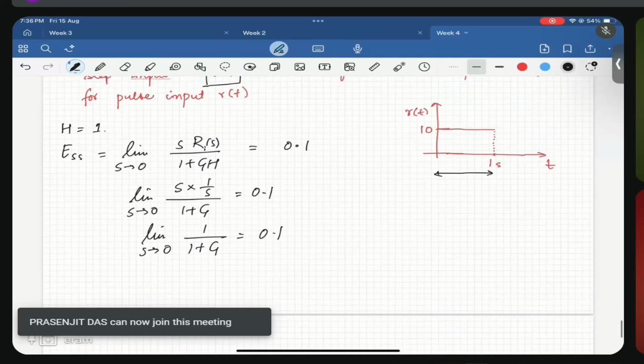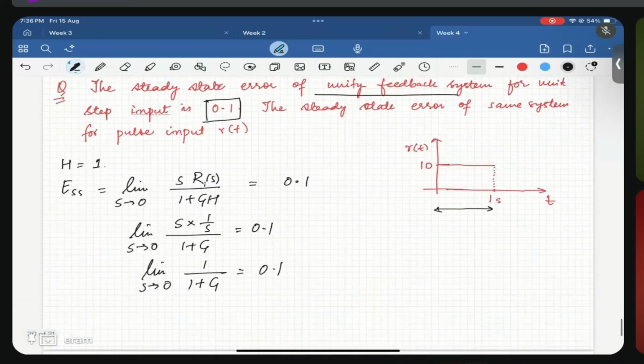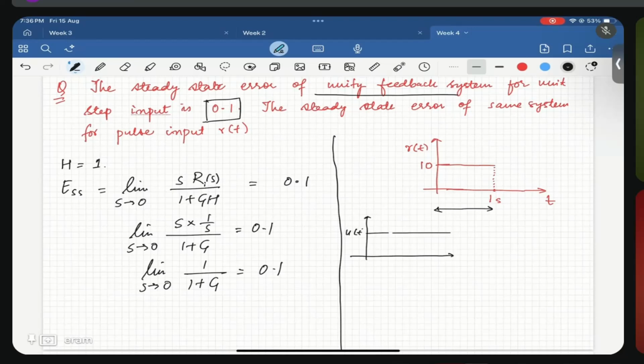now we are changing the input. So how can we find the transfer function of this input? Suppose you have step input u(t), okay, and at t equals 1 you have this input. If I denote them as 1 and 2, if you subtract 2 from 1, what will you get?